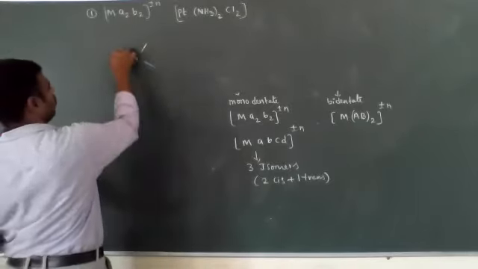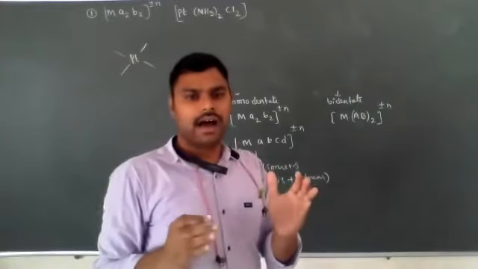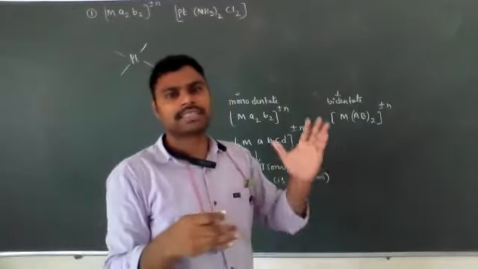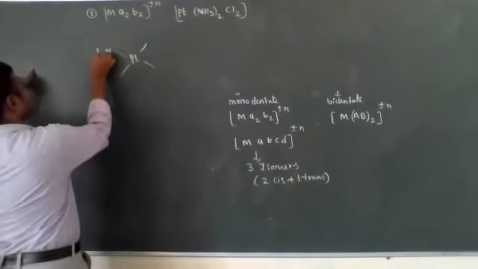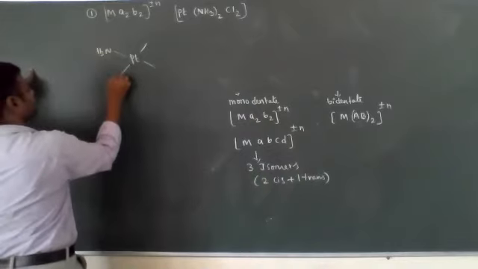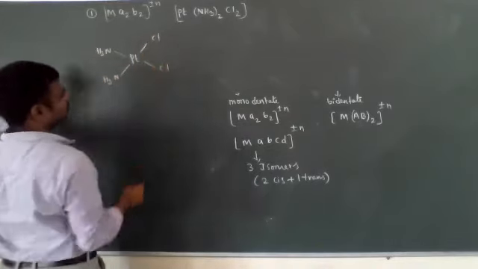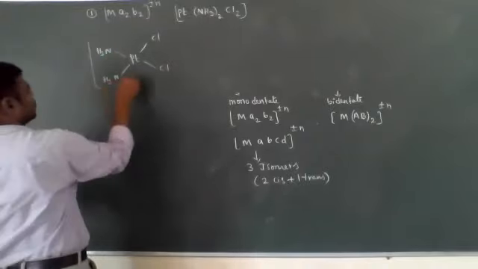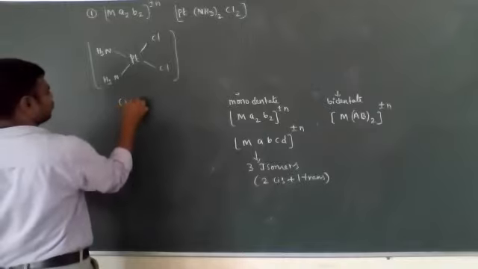Platinum. So how to write the cis form? Same kind of ligands are around the central metal atom on the same side. On the left side, 2 NH3 molecules I have written, and on the right side chlorine and chlorine. Same kind of ligands are together. Just use a square bracket. Now it is the cis form.